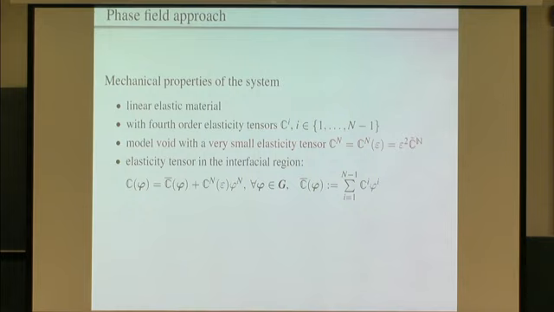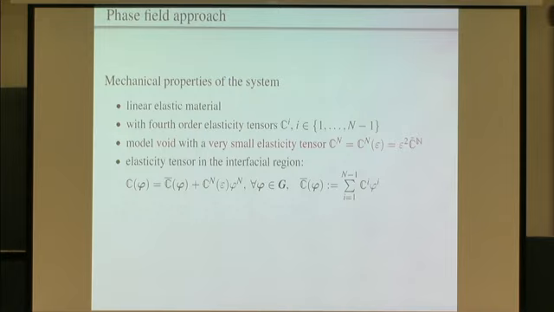For the void, we model it with a very small elasticity tensor, so C capital N will be, for example, epsilon squared, where epsilon, as we know, is the width of the interface, so a small parameter. We take it to be epsilon squared C tilde N, where the order of C tilde N is equivalent to our Ci's from the material elasticity tensors.